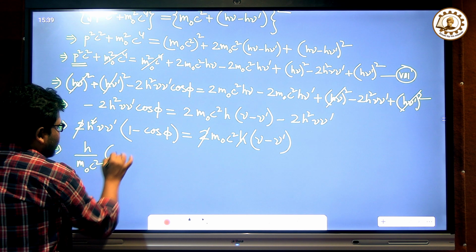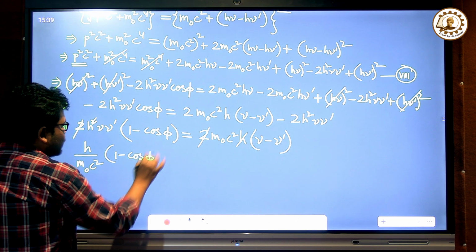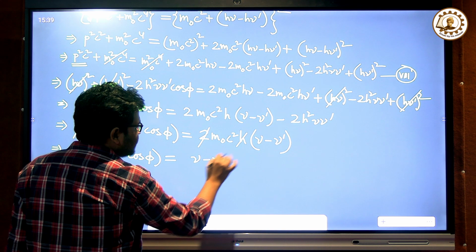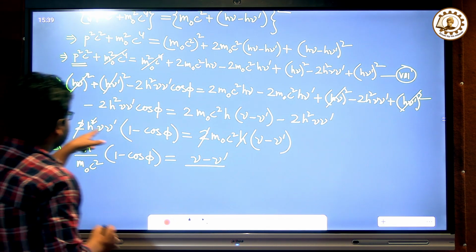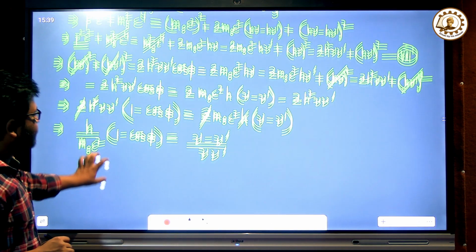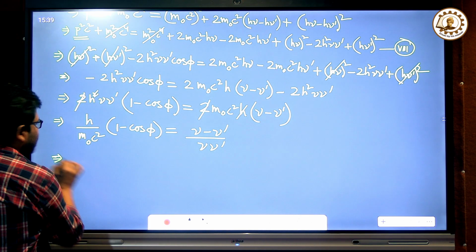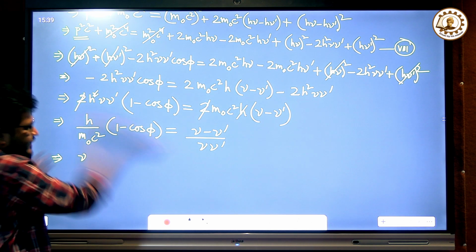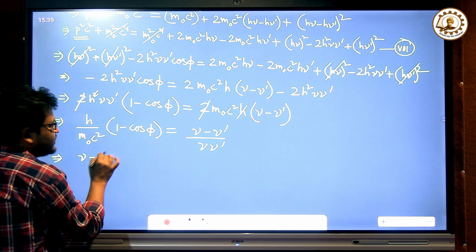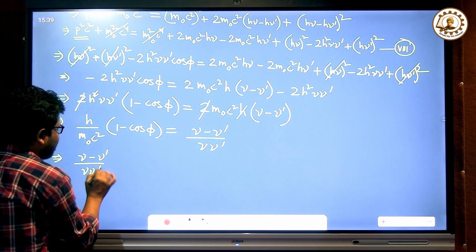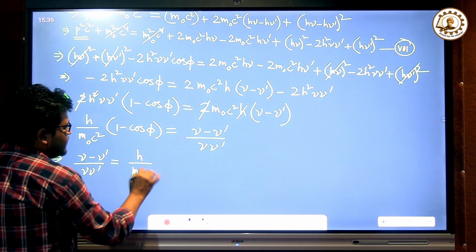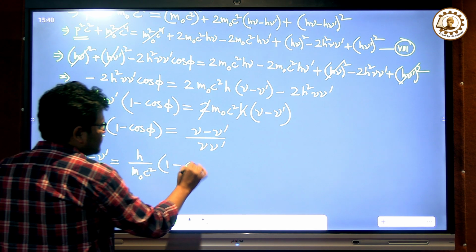1 minus cos phi equals (nu minus nu prime) divided by nu nu prime. Now if I interchange both sides, we have (nu minus nu prime) by nu nu prime equals h by m0 c squared (1 minus cos phi).